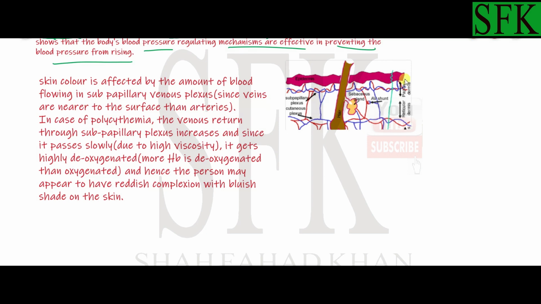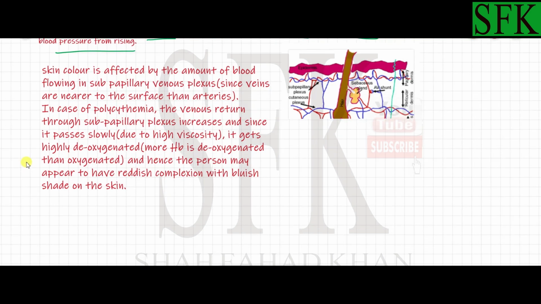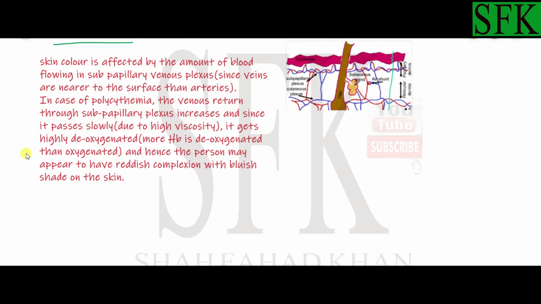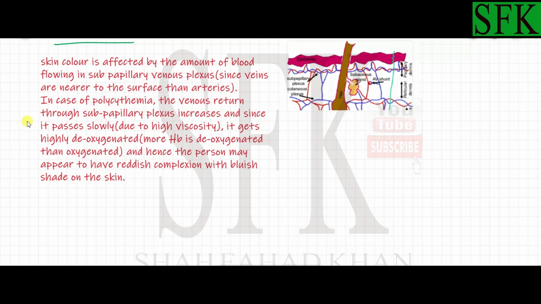So in these superficial veins, as the blood flows, the complexion of the skin is also affected by the color of the blood that flows through this venous system. Now as this is polycythemia, and as this is an increase in the red blood cell count, the blood which passes through the subpapillary venous plexus will be richer in red blood cells.